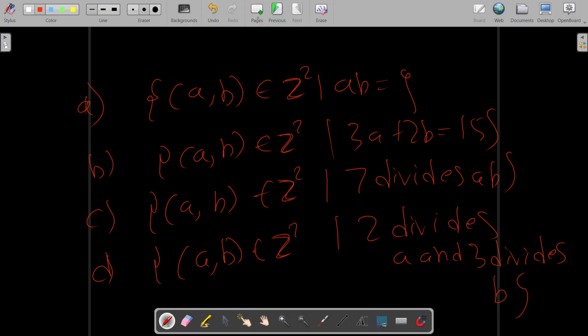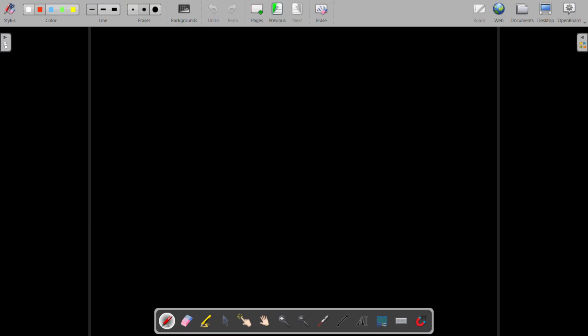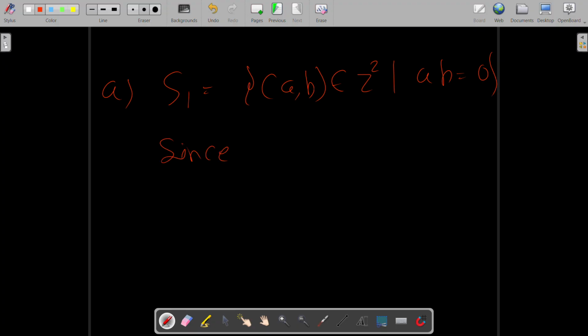So let's check the answers. For the first case, S1 is the set of (a, b) belonging to Z square such that ab is equal to 0. Now (1, 0) belongs to S1, and (0, 1) also belongs to S1, since the product ab is 0.